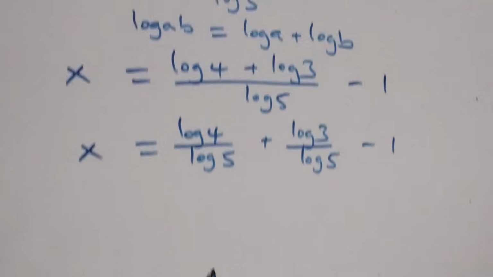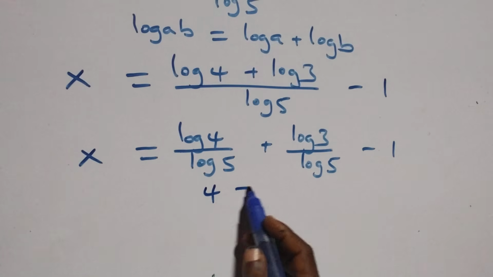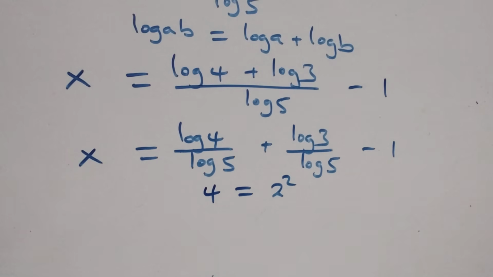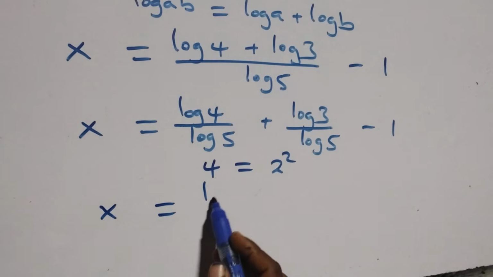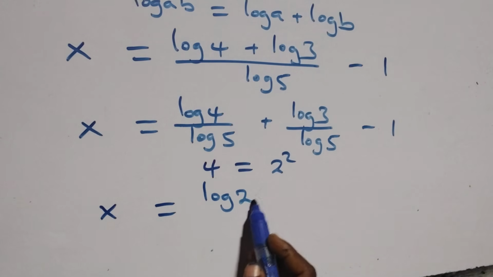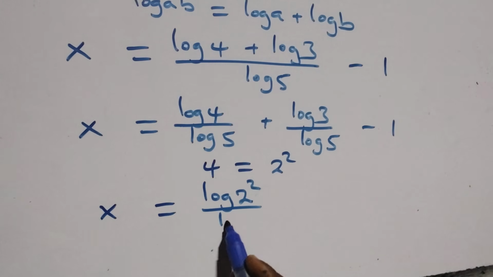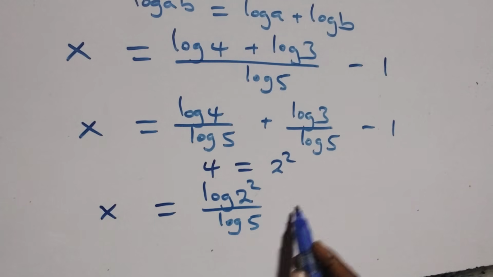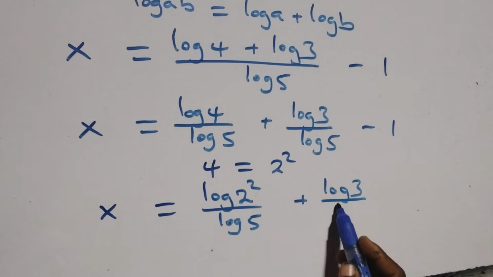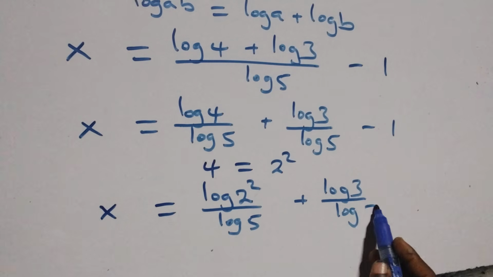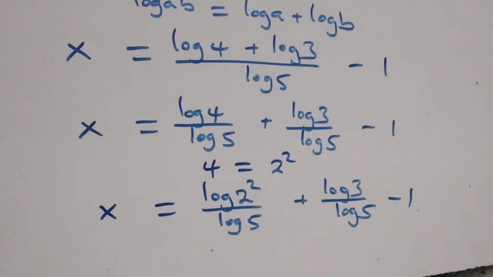Then also here, we can express 4 as 2 times 2, that's 2 squared. And this becomes x equals log 2 squared over log 5 plus log 3 over log 5 minus 1.